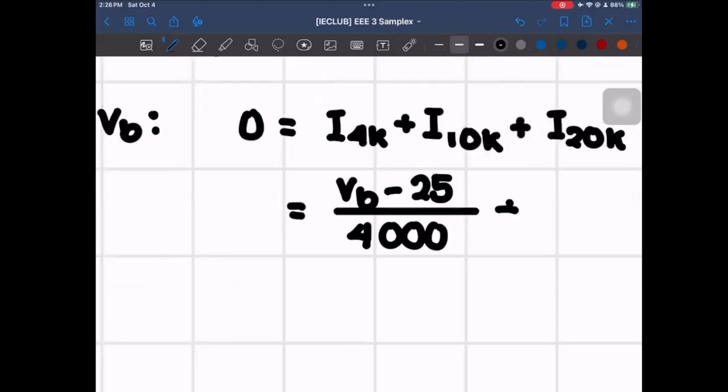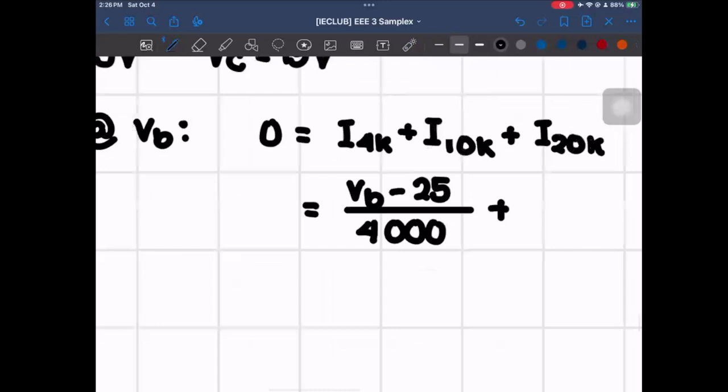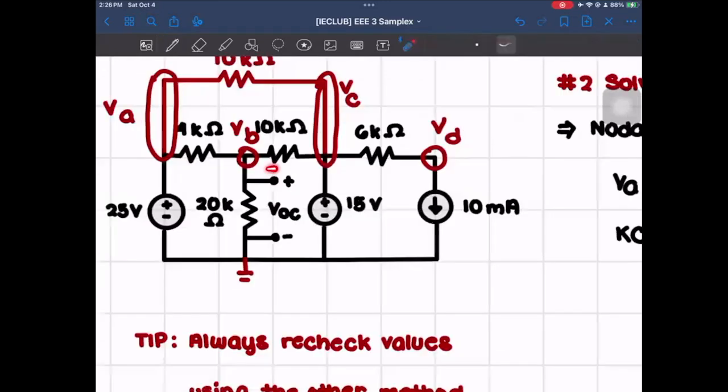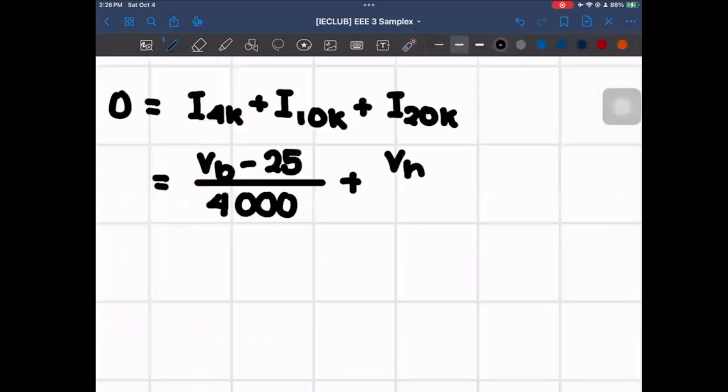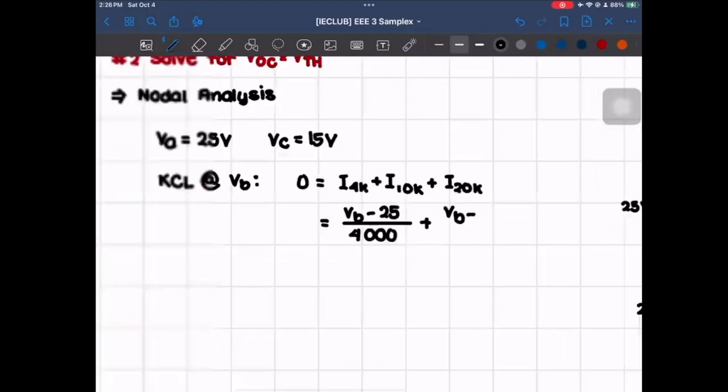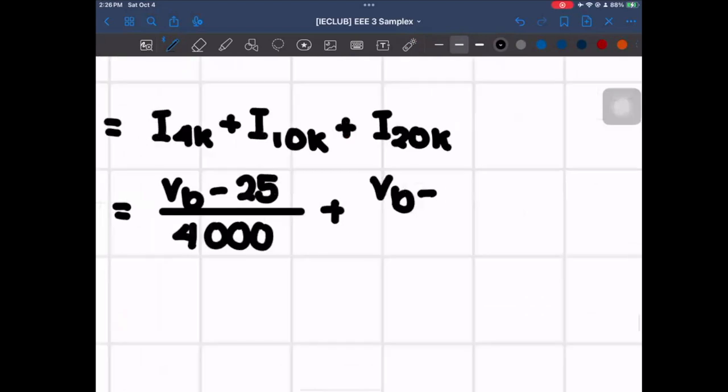And then for 10K, similarly, the current's going out. So it will be VB minus VC all over 10K. And we do know what VC is. So VB minus 15 volts all over 10,000.